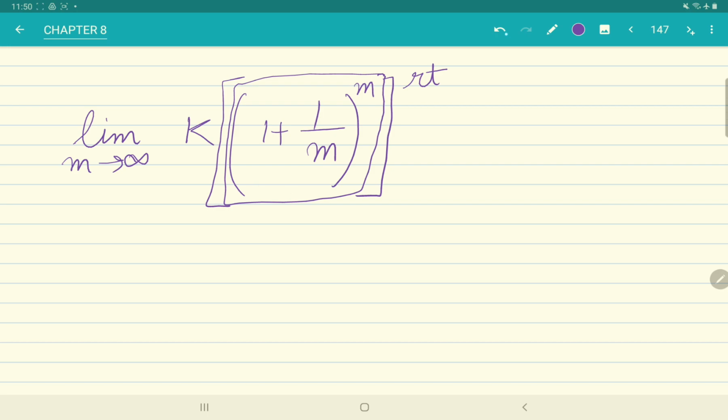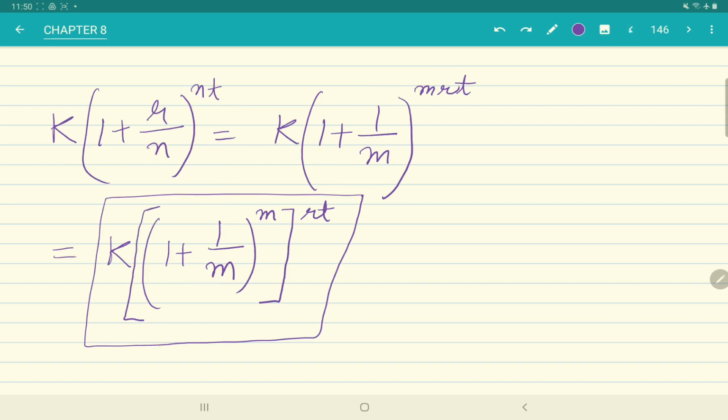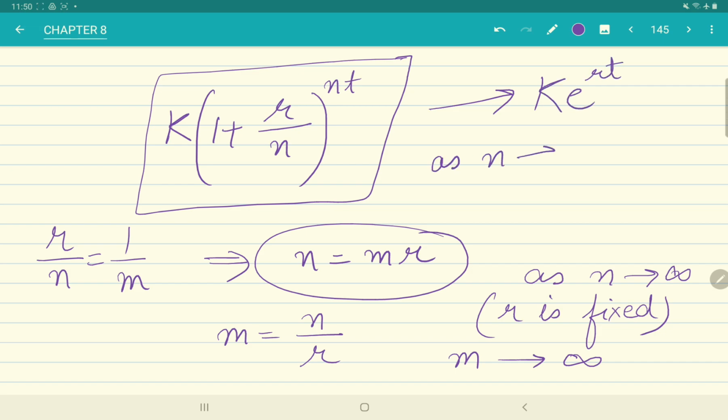We know that. That means this is equal to k e raised to the power rt. So what I mean to say here is that this expression tends to k e raised to the power rt as n tends to infinity.